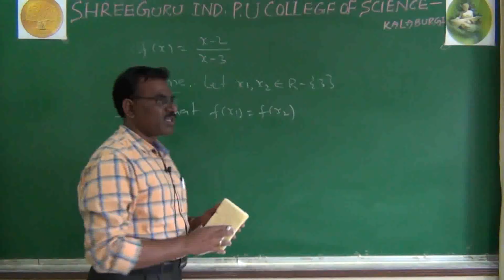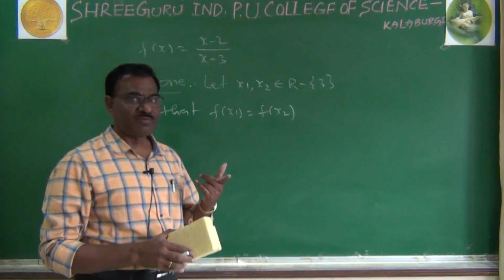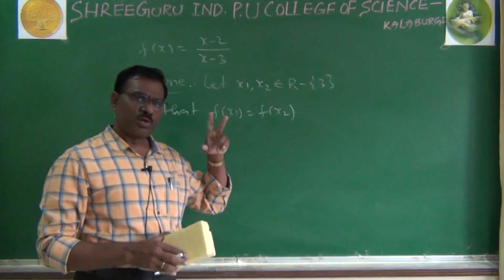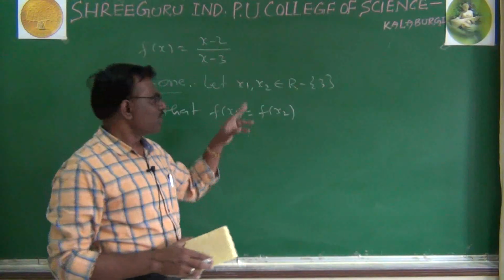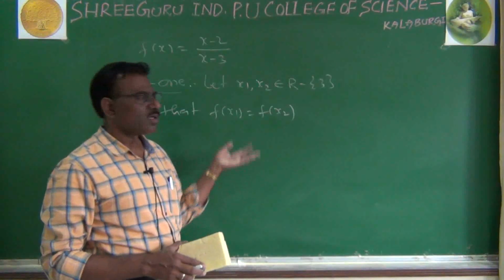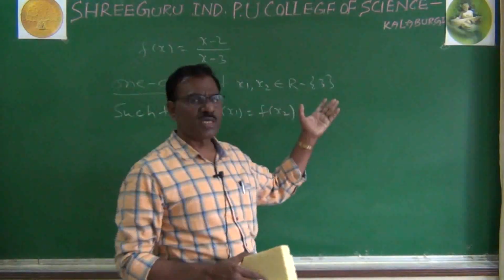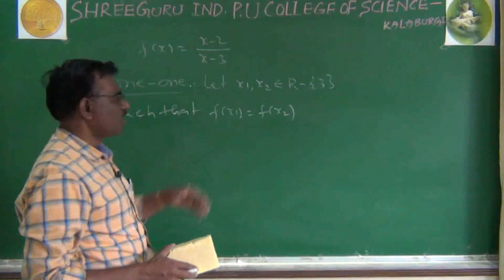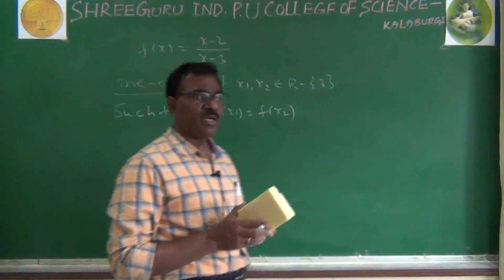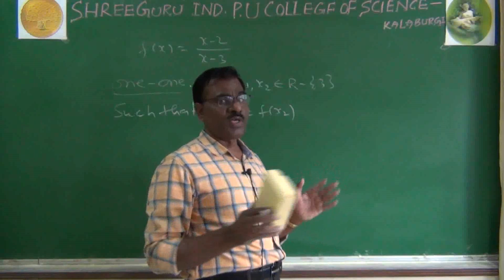It is understood, but practice makes a man perfect. I have solved maximum problems like this. These two are the domain, different elements of the domain other than 3. So the formula is f of x1 equals f of x2. Your aim is to prove x1 equals x2.